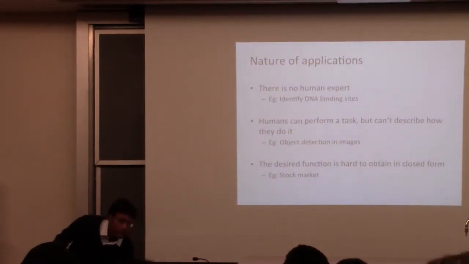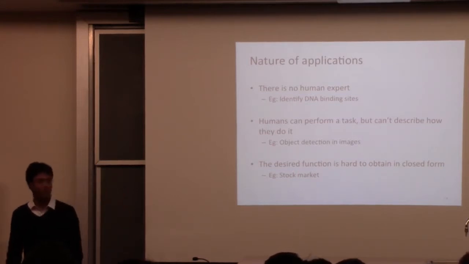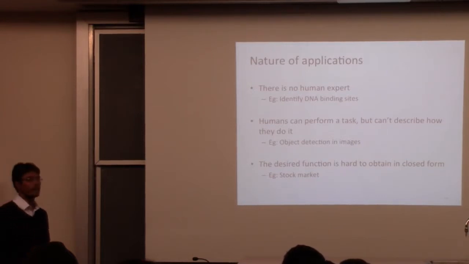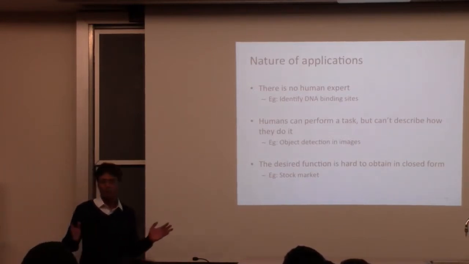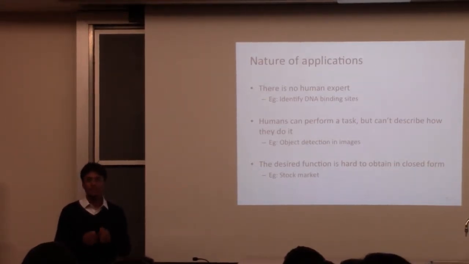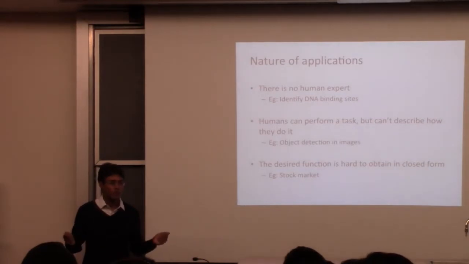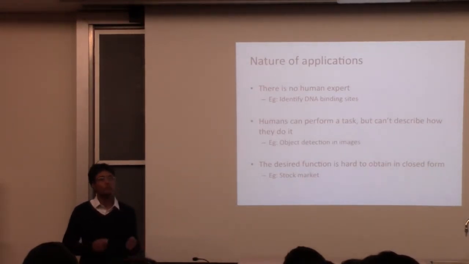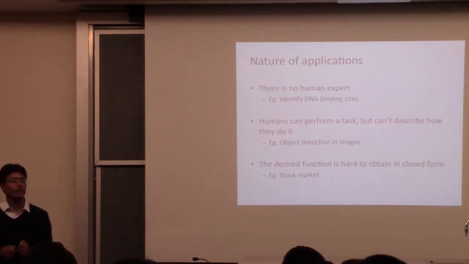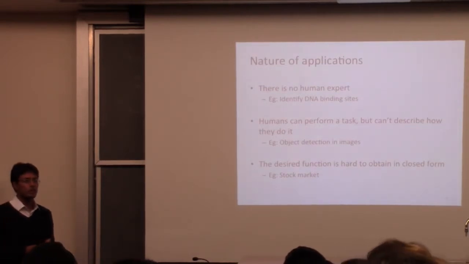The most vivid example of this is in biology. I have DNA sequences and I want to find binding sites, whatever that means. And the human race does not know how to find it. Nobody knows how to find it, except through really hard experiments and guessing and needle in a haystack kind of procedure involving wet labs.